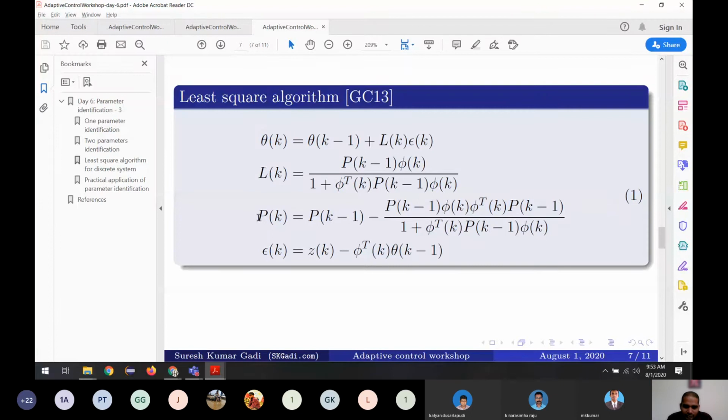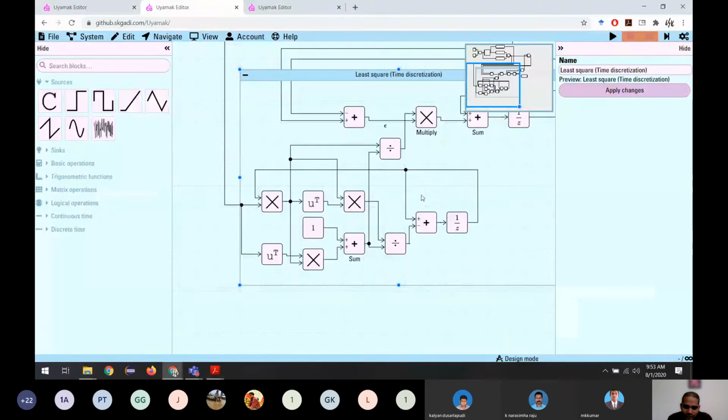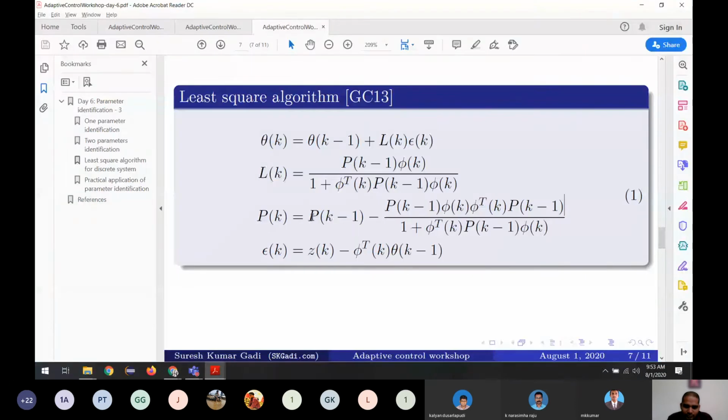So how do we get the P? The P has a sum of two terms. What is the first term? The previous P. And what is the other term? This big term, right? So the first term, let us see, it's the previous time.